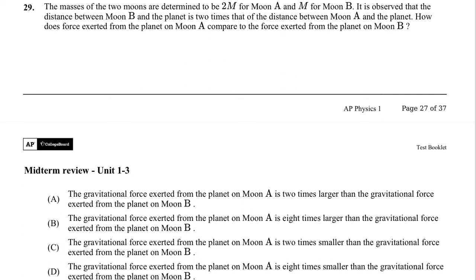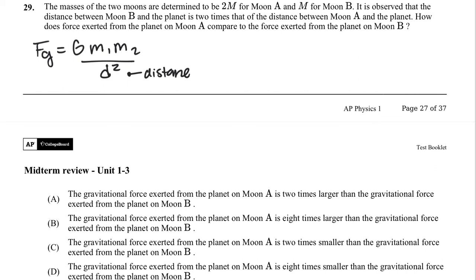For this question we would use the force between two objects: the force of gravity is equal to big G times m1 m2 over r squared. I'm going to replace r squared with d squared because I'm going to refer to it as distance.